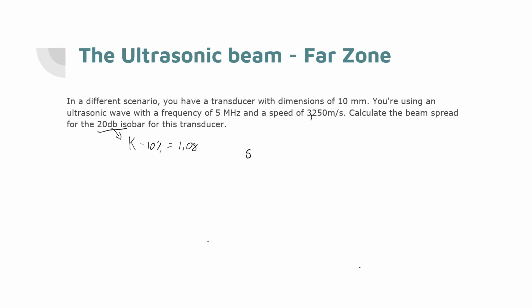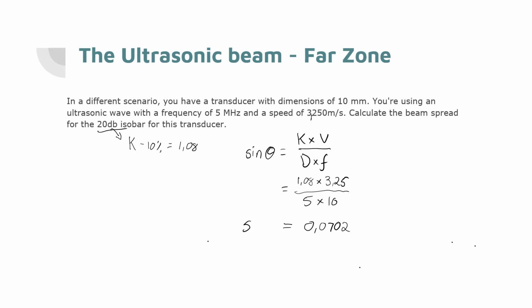Next step, we write down the formula. Sine theta is equal to constant multiplied by velocity over diameter multiplied by frequency. So let's plug in the values. So 1.08 multiplied by 3,25 divided by 5 times 10. If we do this correctly, we should get 0,0702. Remember, this is still sine theta that's equal to that.